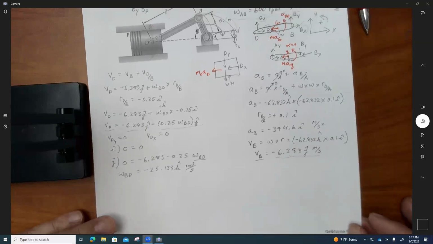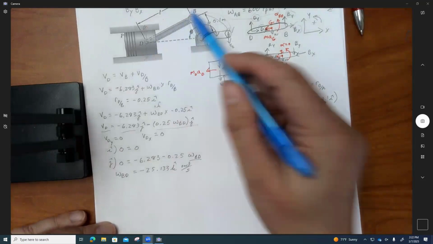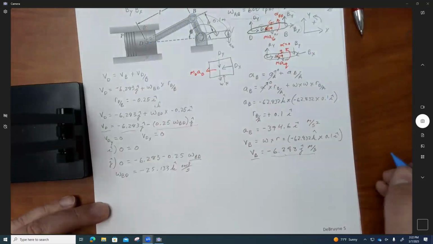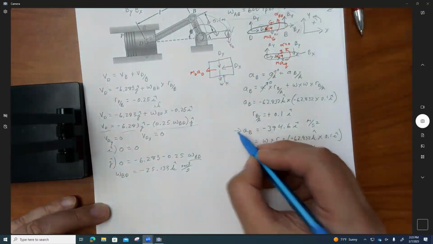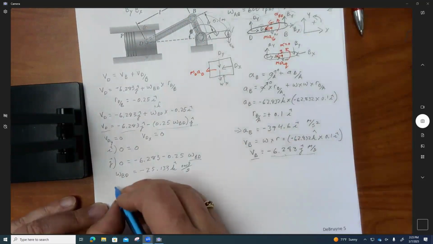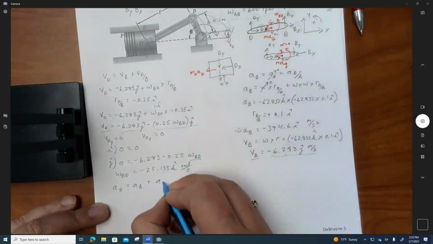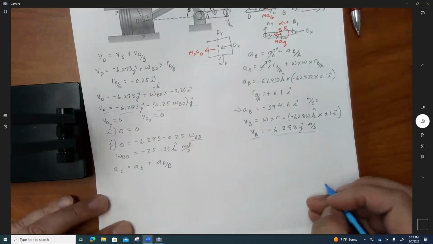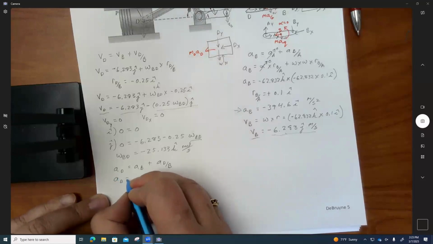Now I can start figuring out some information in relationship to the acceleration at D compared to what I found out about B. So the acceleration of D is equal to the acceleration of B plus the acceleration of D relative to B. Let's put in the terms that I know.